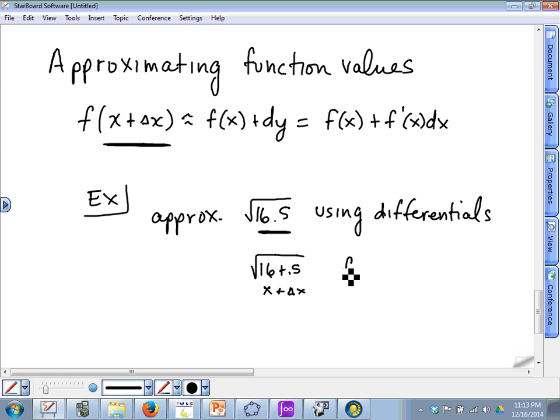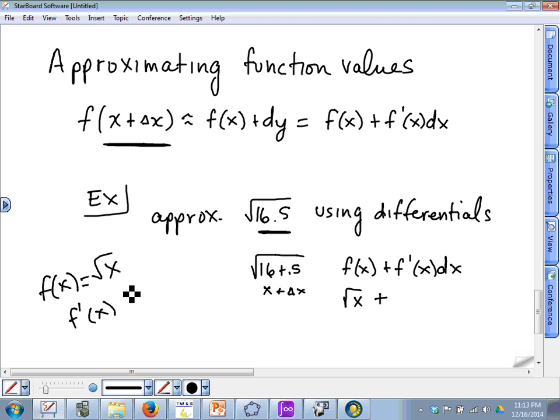So we can use the formula here, f of x plus f prime of x dx. So the function we're using is a square root function. So f of x is just going to be the square root of x. And so if f of x is equal to the square root of x, then f prime of x, you got to figure out the derivative of the square root of x.